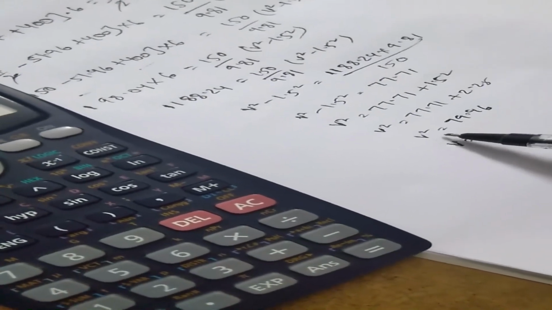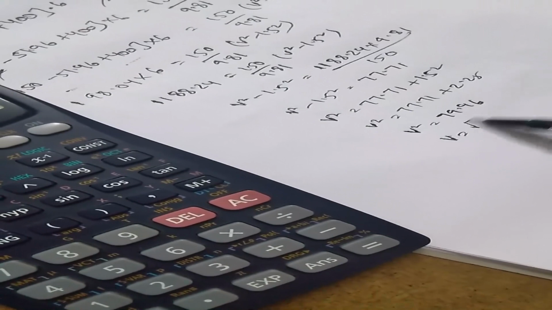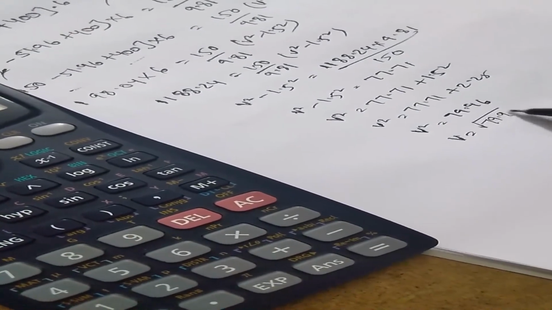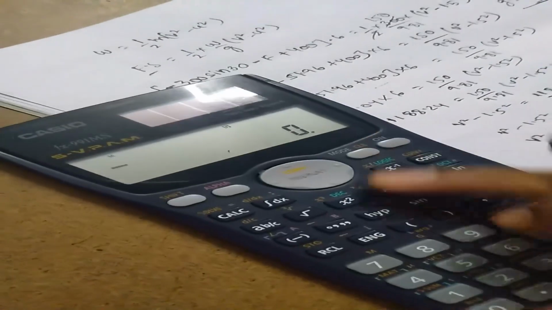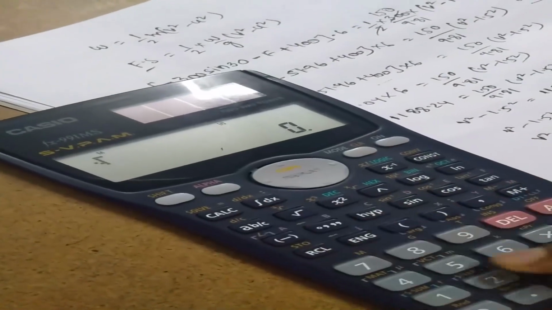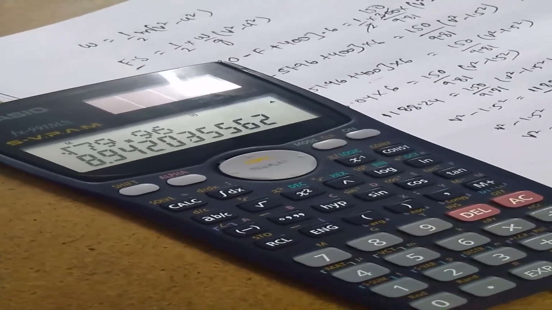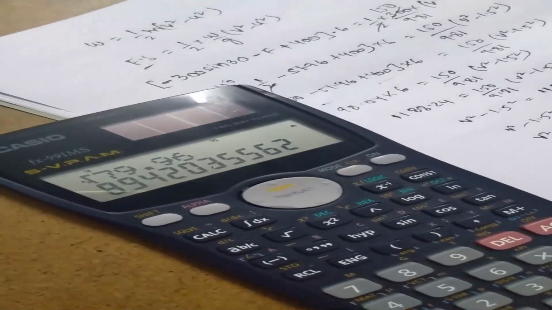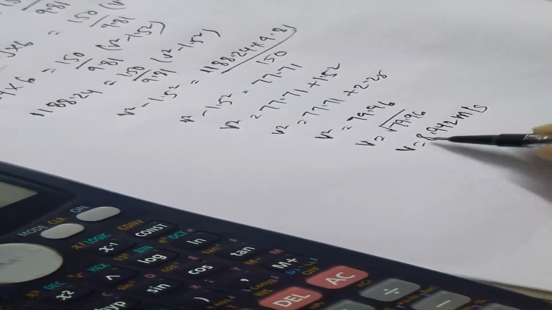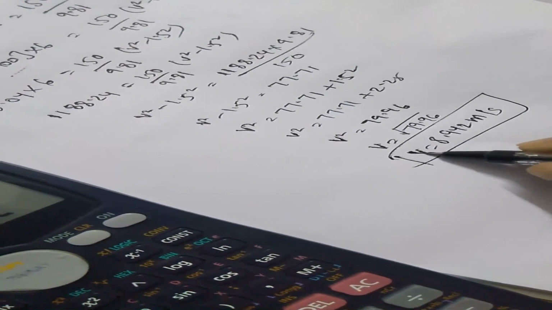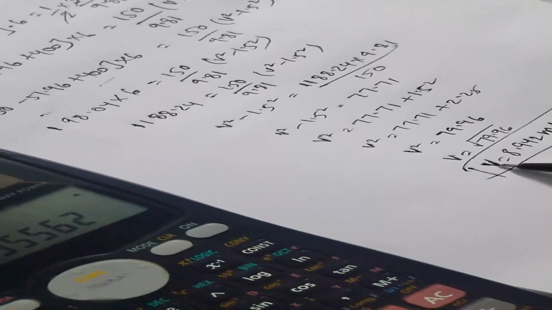This is not the answer. We want v, the final velocity. So the square root of 79.96 is equal to 8.942. So the final answer, the final velocity v, is equal to 8.94 meters per second.